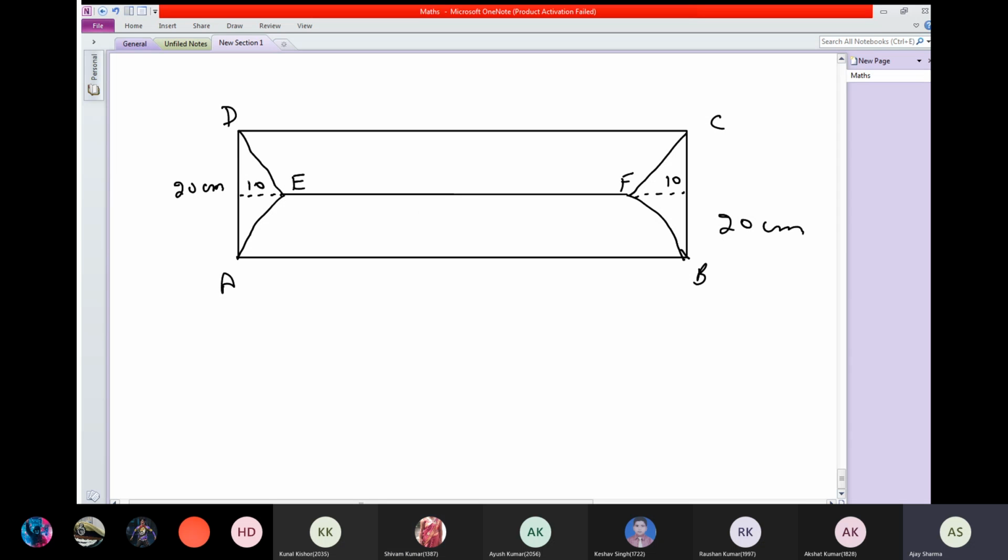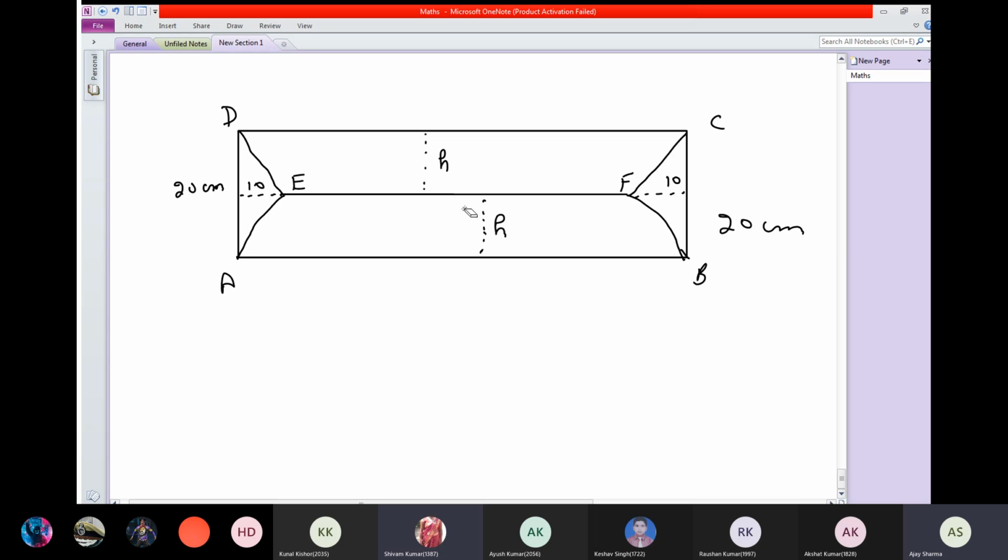Now, how can we solve it? We cannot apply the trapezium formula here. Why? The height is not given. That's why we cannot apply the formula for the area of the trapezium.